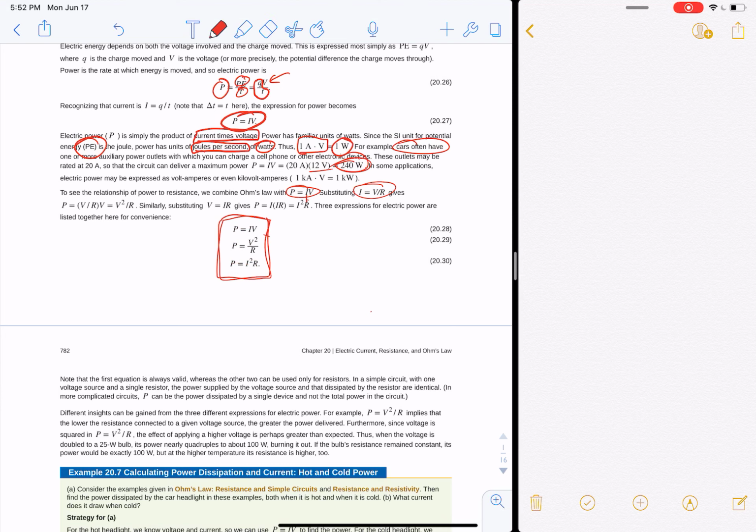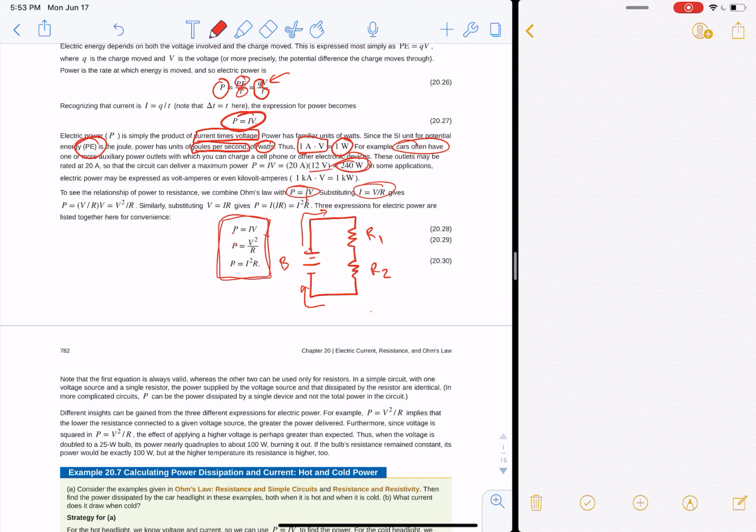Okay, now it gets tricky here. Let's say I've got a battery, and we've got two resistors, R1 and R2, and the total current going around the circuit and coming back into the battery. You could calculate the total power in the circuit from the total voltage and resistance, or the total current. But you can also use the same three equations for just one of the components.